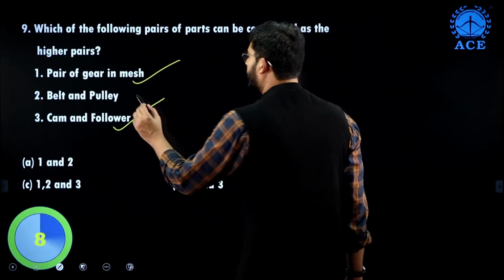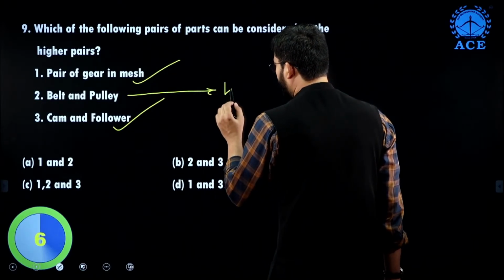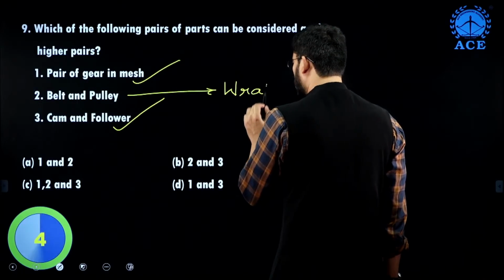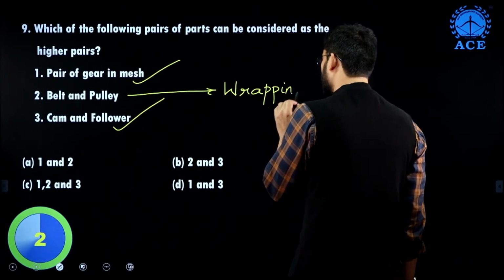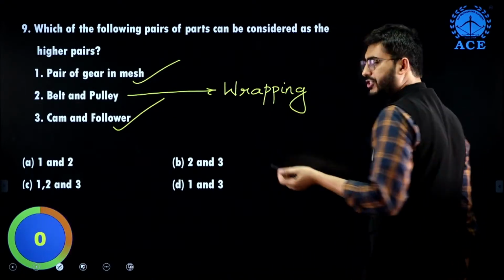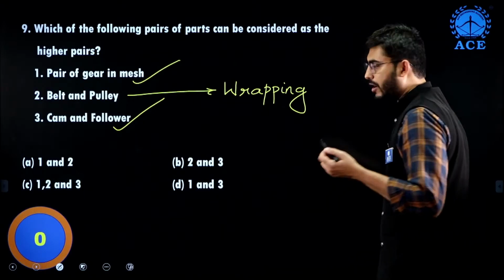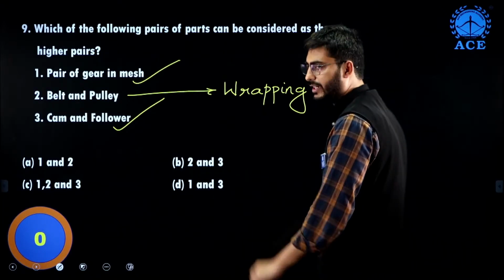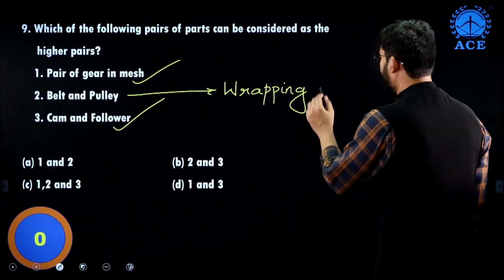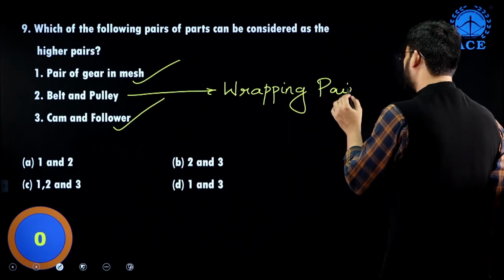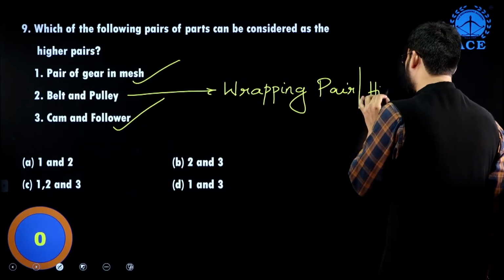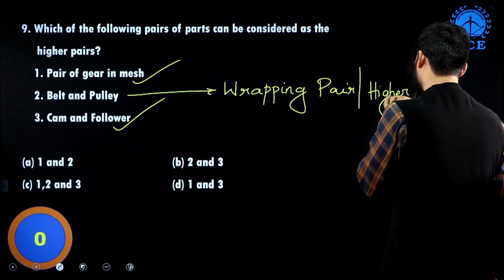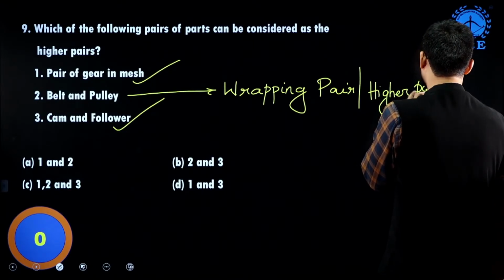But belt and pulley is a special case of higher pair, which we also call a wrapping pair. Even chain and sprocket also fall under the same category of wrapping pair. Or else you can call it even a higher pair.